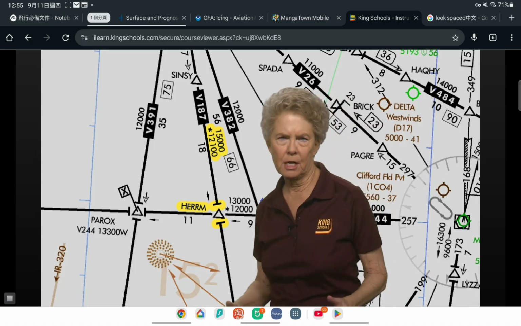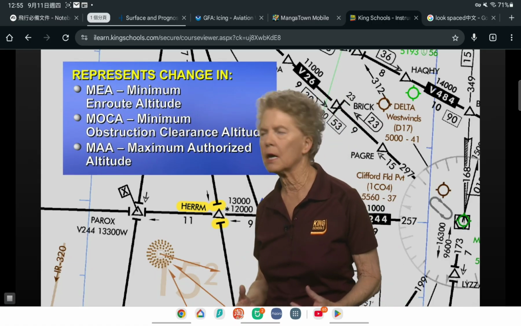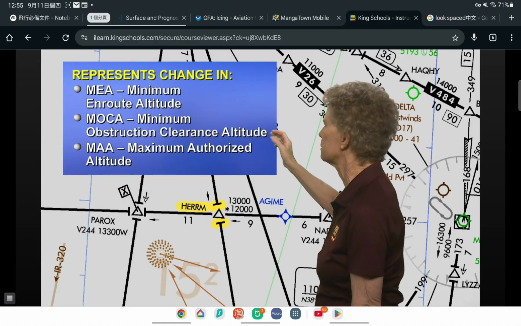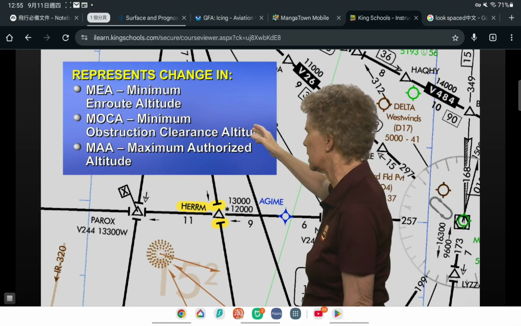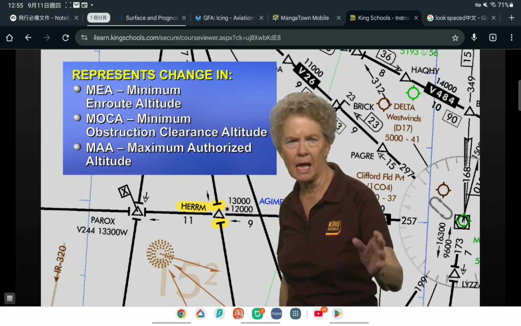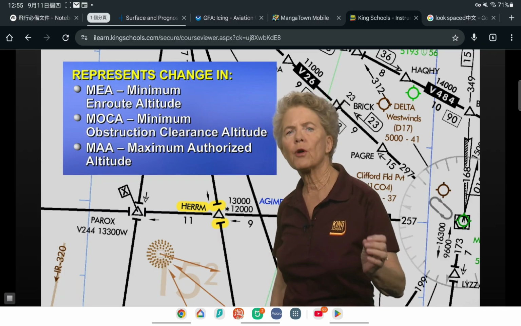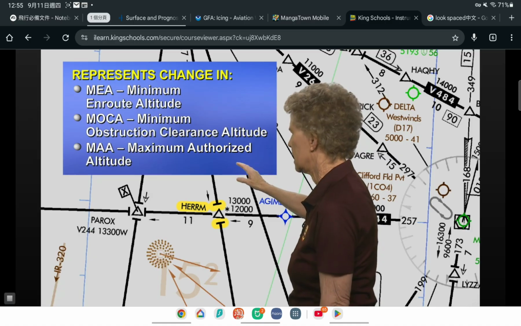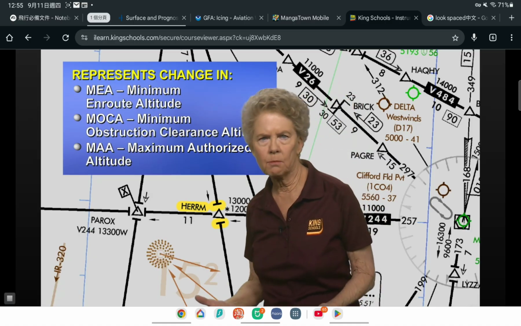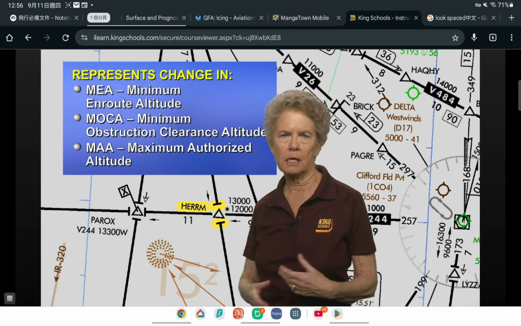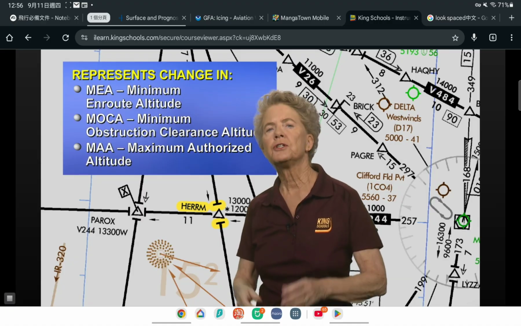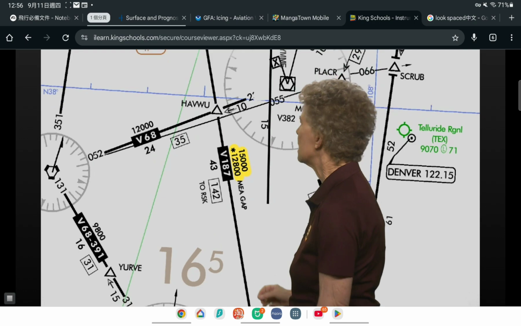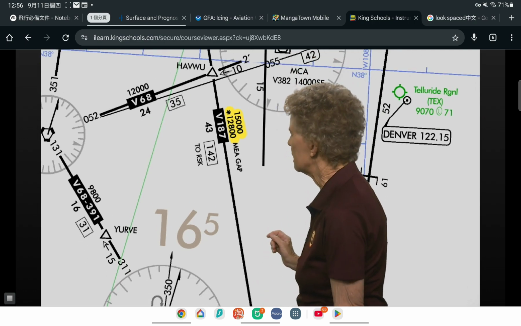You're going to have a change in either the minimum en route altitude, the MEA, the minimum obstruction clearance altitude, the MOCA, that's the one that had the asterisk that we saw, or the maximum authorized altitude called the MAA. And as I said, we'll talk more about the MOCA and the MAA in a little bit. So let's take a look to the south of Herm intersection and see what happens to the altitudes.